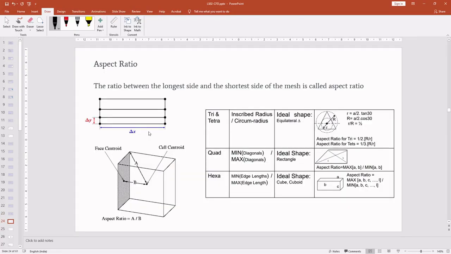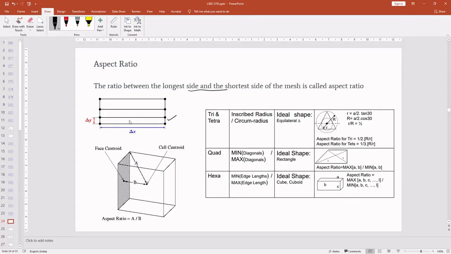First of all, we can discuss the aspect ratio. In simple layman terms, it is the ratio between the longest and the shortest side. For example, here we have shown a 2D grid where a stack of rectangular cells is there. Delta y is the height and delta x is the length, so delta x by delta y becomes the aspect ratio.